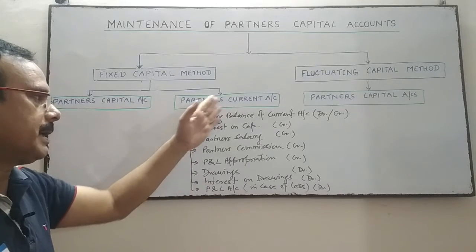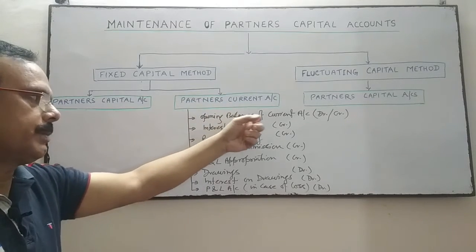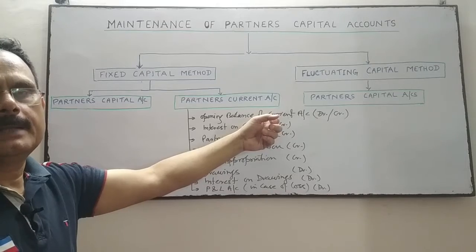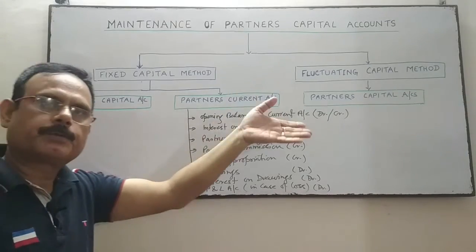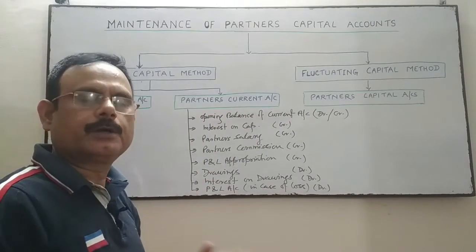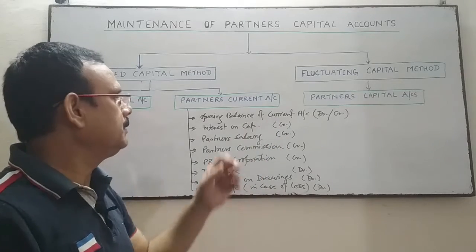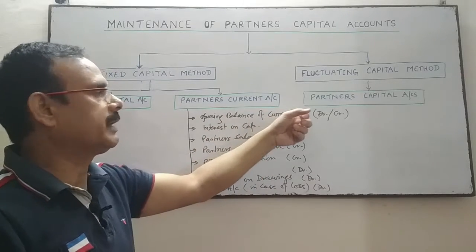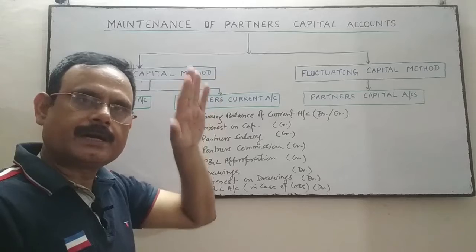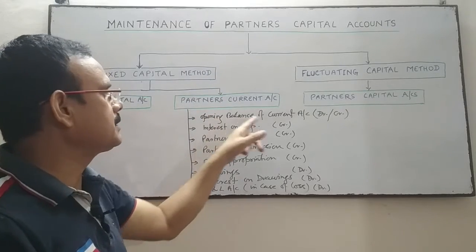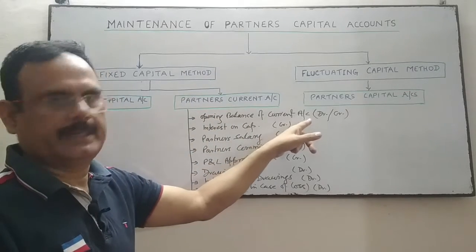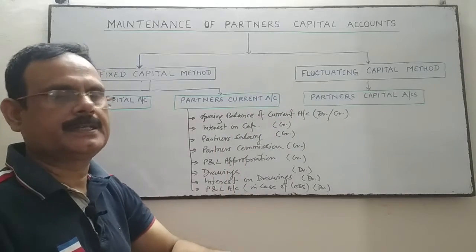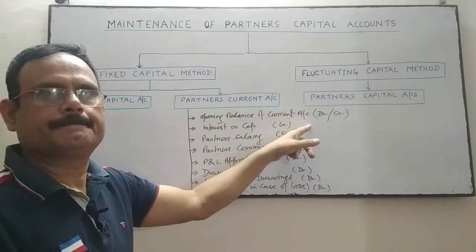In current account, partner's current account, start with the opening balance of current account. If the business is carried on from last year or the year before, then start with the opening balance of current account. If the business has started this year, then this balance will not be there.